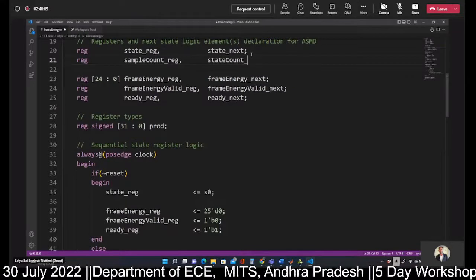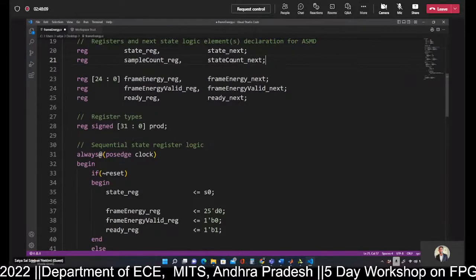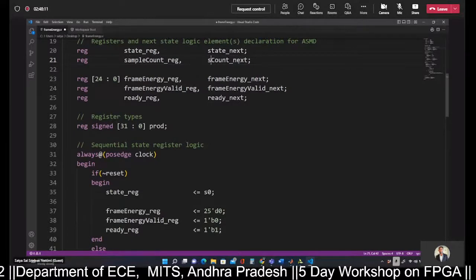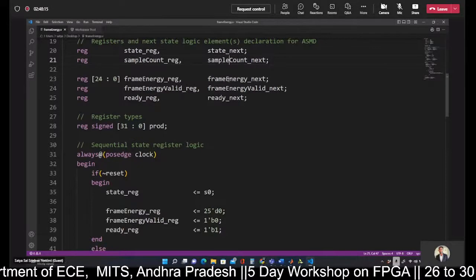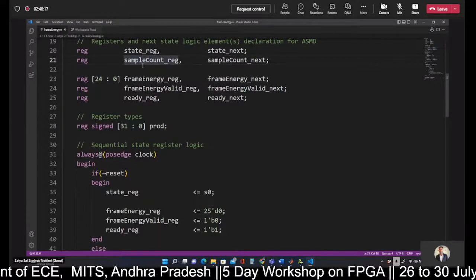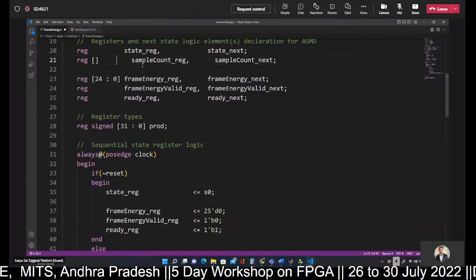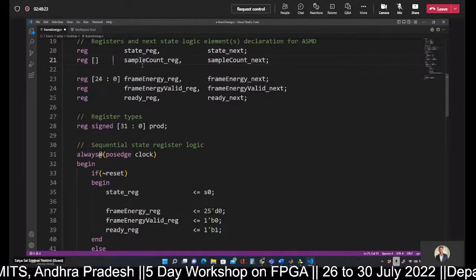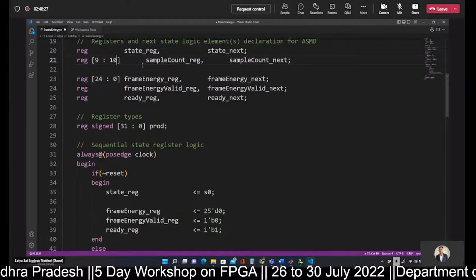This is just like the counter based example that we have done yesterday. So sample_count_reg, sample_count_next. What is the size of this counter? The size of this counter is 10 bits.